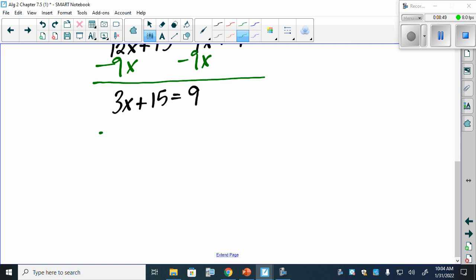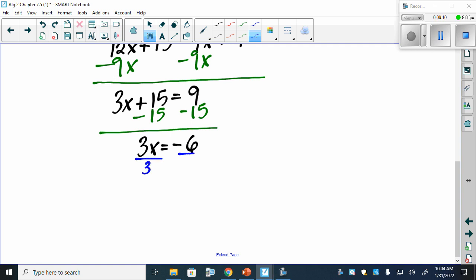At this point here, we can subtract 15 from both sides, which tells us that 3x is equal to negative 6. And last but not least, we would divide both sides by 3, telling us x is equal to negative 2.